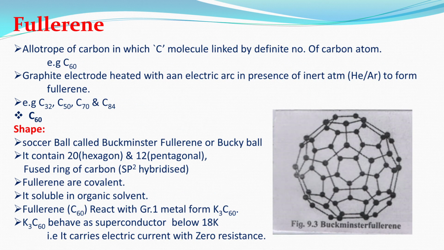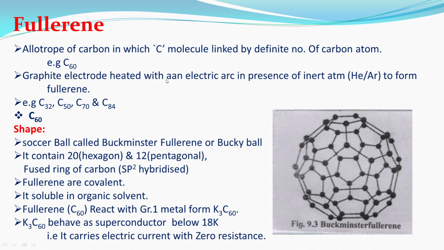Next allotrope is fullerene. It is an allotrope of carbon in which carbon molecules are linked in a definite number of carbon atoms. For example, C60 is an example of fullerene.